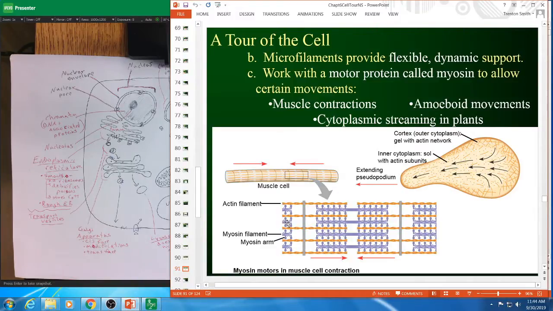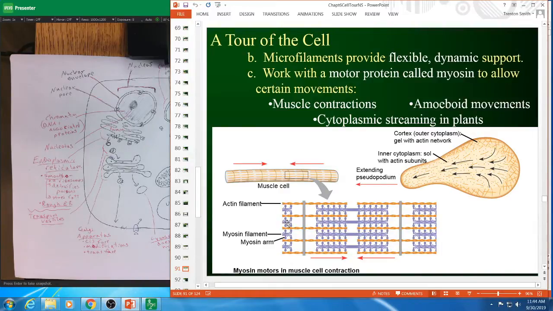Okay. Now, when I said dynamic, I wasn't talking about the movement aspect of it, although that's really important. So the myosin aspect of it is that myosin can be attached to something solid on the cell, like maybe an intermediate filament, which we'll talk about in a minute, or something else that's giving it a place to grab onto the cell.